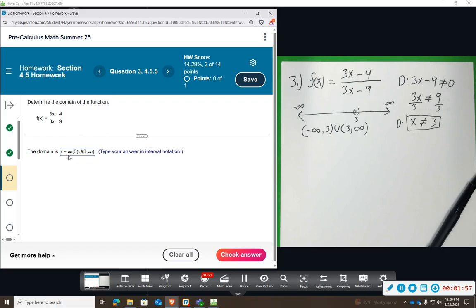Make sure I type that in correctly. Negative infinity to 3, union 3 to infinity. Double check that there are no errors.